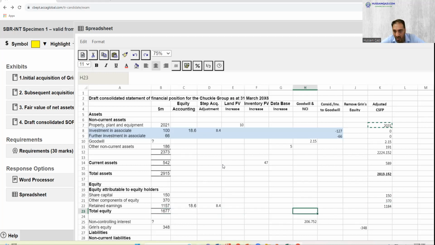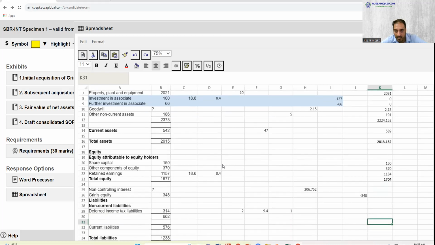So here we need the total equity, 1704. Copy the NCI value, 206.75. That becomes 0.